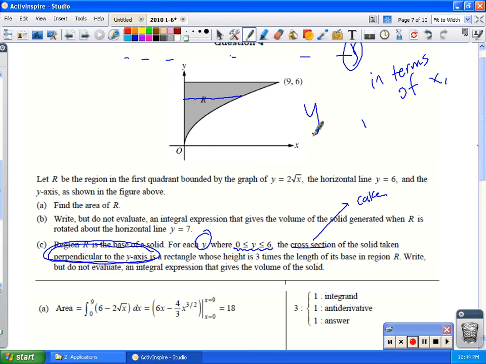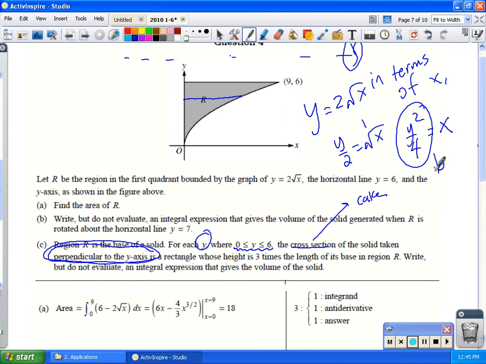Now the curve was given as y equal to 2 square root of x. So we need to solve for x, and we get y over 2 is equal to square root of x. We square both sides, and we get y squared over 4 is equal to x. So that's going to be the length of the base. So that's my b right there.